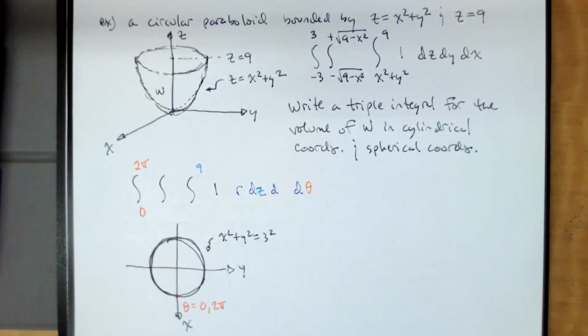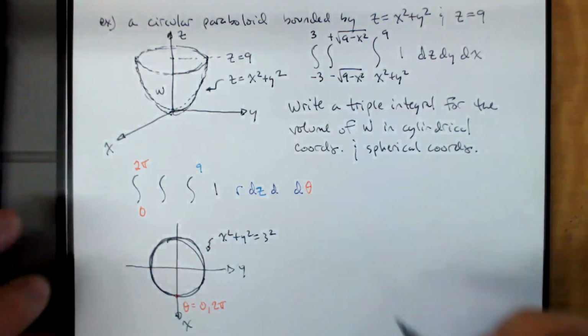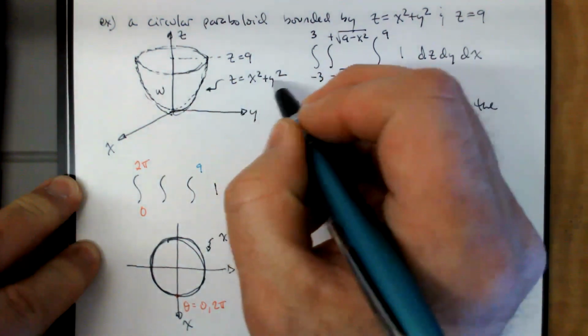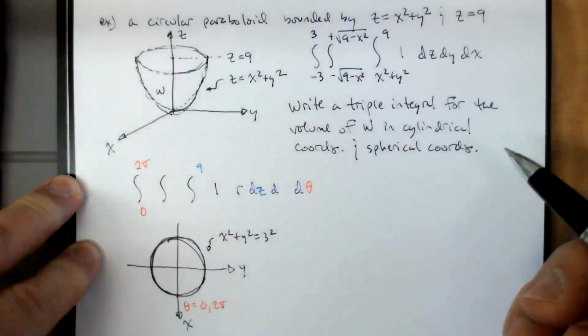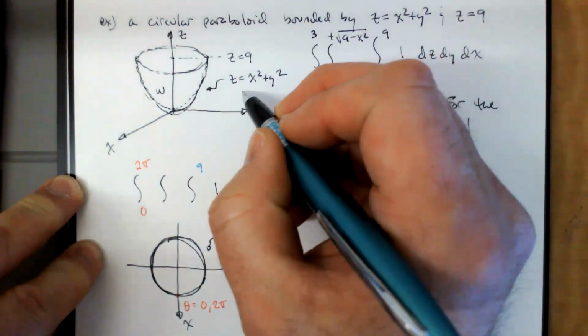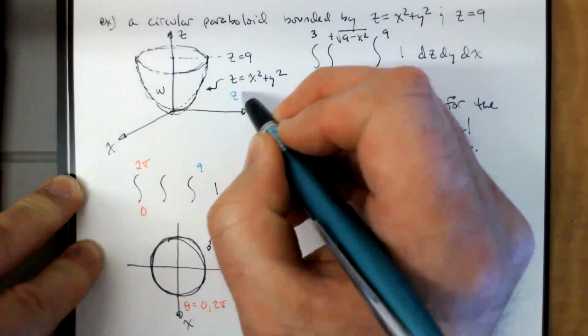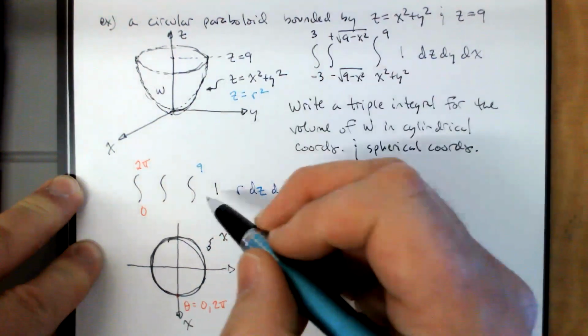What we know is that r is the square root of x squared plus y squared. So x squared plus y squared is equal to r squared. So to convert, this is the z in rectangular coordinates, but if you want the z in polar coordinates, x squared plus y squared is equal to r squared.